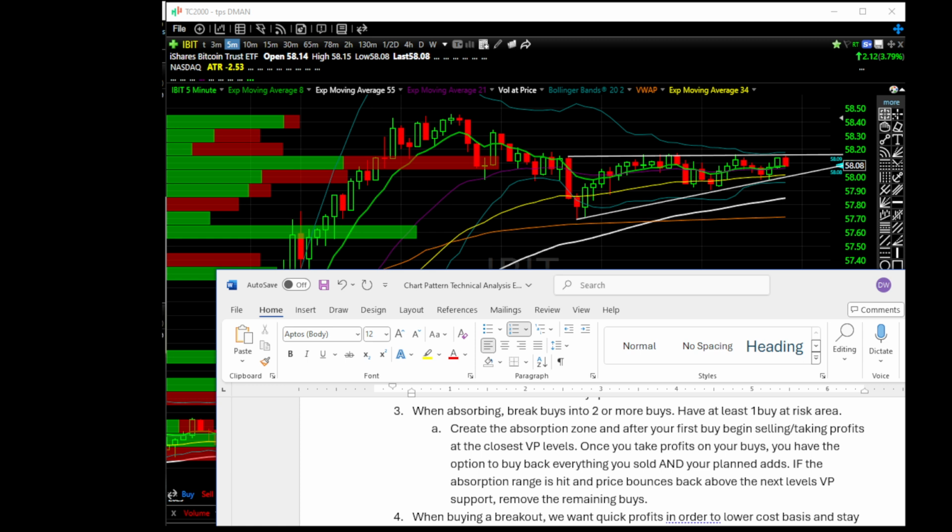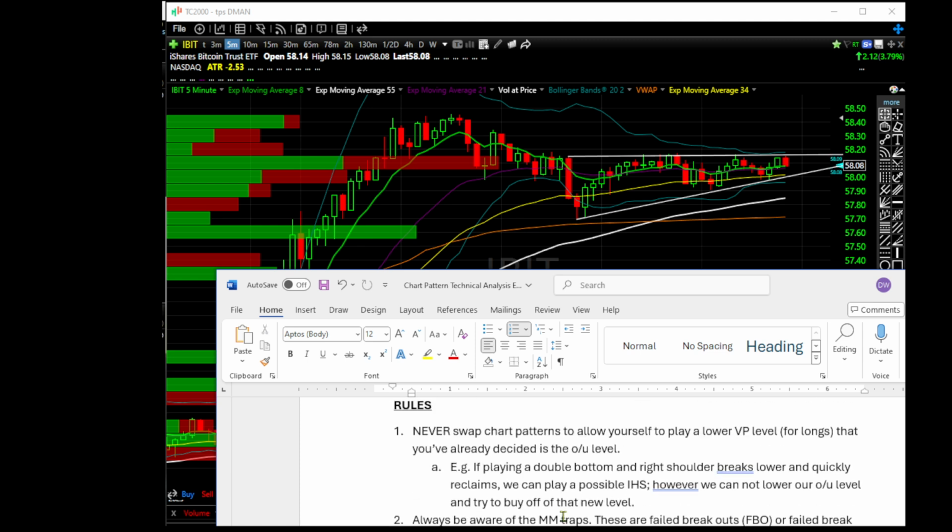And that means if a chart breaks up, then you should go to the next zone. Okay, I think that needs to be a part of the market makers.